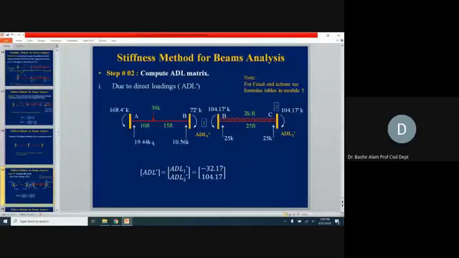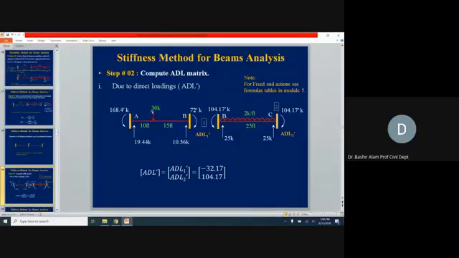The direct effects we are calculating now. The formula is PAB square divided by L square. P is 30, A is 10 feet in this case, B square will become 15 square, divided by L square, which will become 25 square.